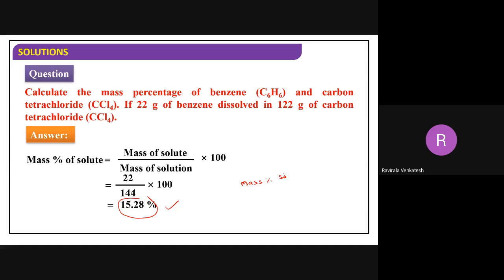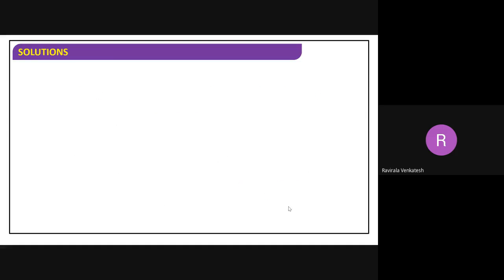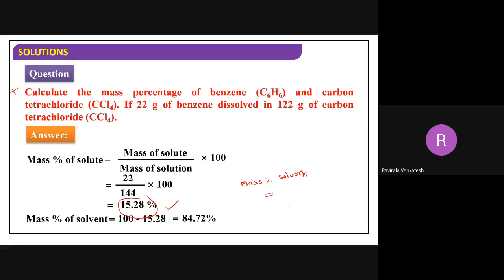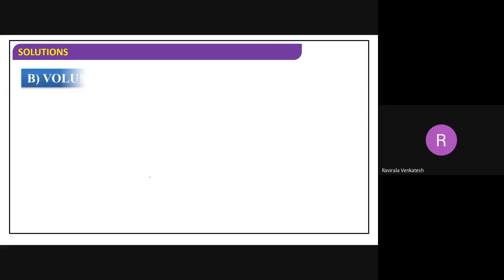It is 100 minus the remaining percentage, which is about 84.72%. So this is there in the textbook. You can do it in your notebook now.